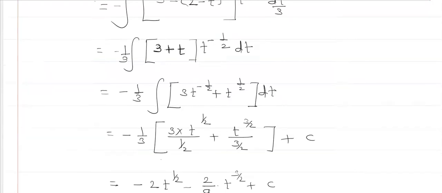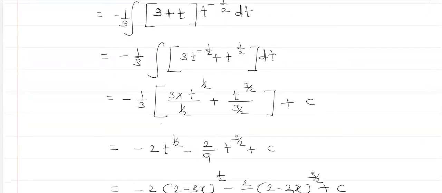Now simplify this. It is minus 1 by 3 integral 3t raised to minus 1 upon 2 plus t raised to minus 1 upon 2 into dt. Now the integral of this, minus 1 upon 3, that is 3t raised to 1 upon 2 upon 1 upon 2 plus t raised to 3 by 2 upon 3 by 2, bracket complete, plus c. Now simplify this.